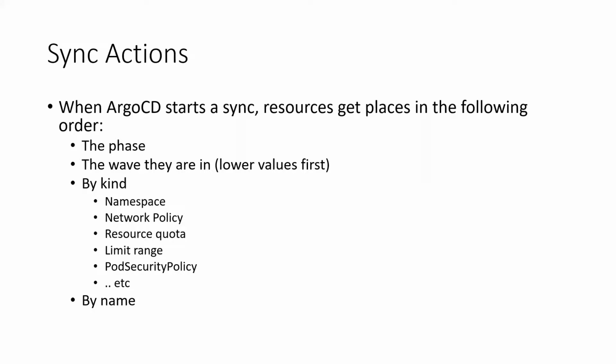Okay. So with that, I hope you understand what a phase is and what waves are and how we can use them. But let's see it in the real demo. With the demo, I hope you will be able to understand how it happens, right? There are two demos we're going to see. One is demo one with the sync phases, and demo two will be with the sync waves.